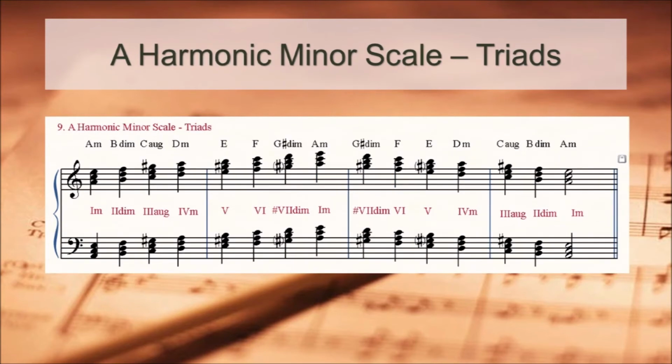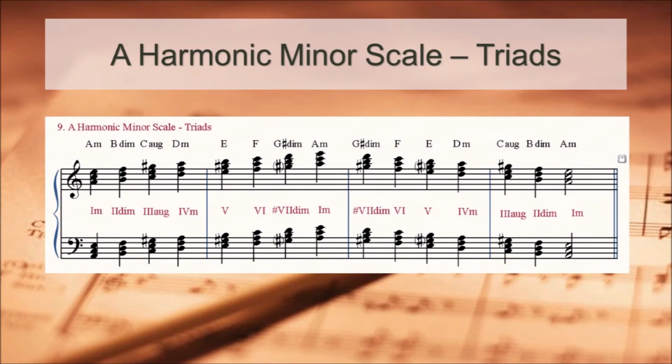Now here are the chords of the A harmonic minor scale. Now I won't say they're ugly, but they're kind of unusual. And that's why you don't normally see a piece strictly stay in an A harmonic minor scale. It might move into it and then move out again.